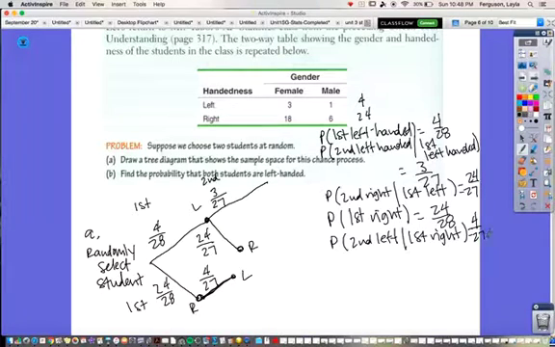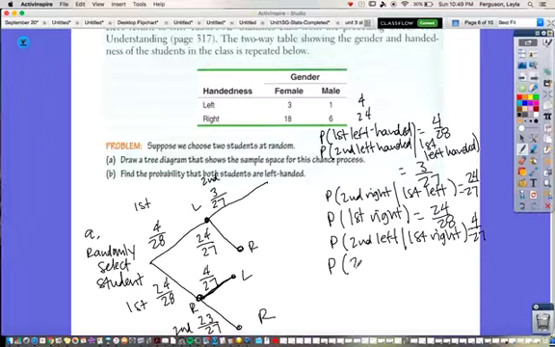But let's say the first person was right-handed and the second person was also right-handed. So because there were 24 out of 28 for the first person, if that person was right-handed, the chances of the second person being right-handed would be 23 out of 27, because we would take one away from being right, which would change the total number down at the bottom to 27.